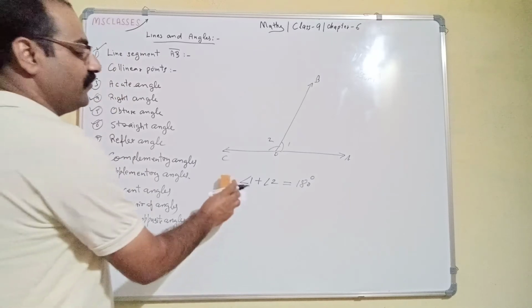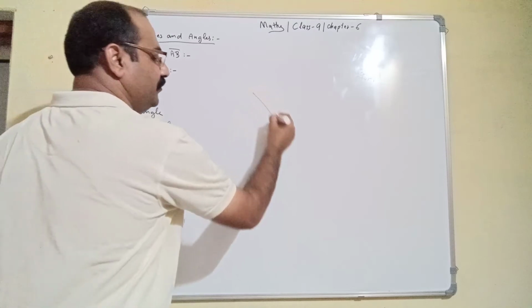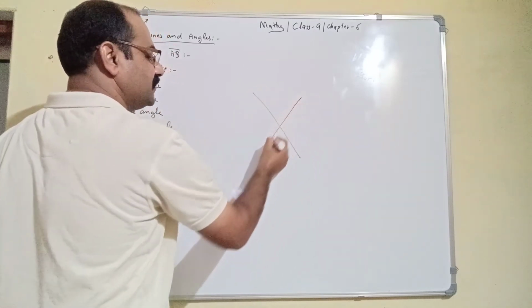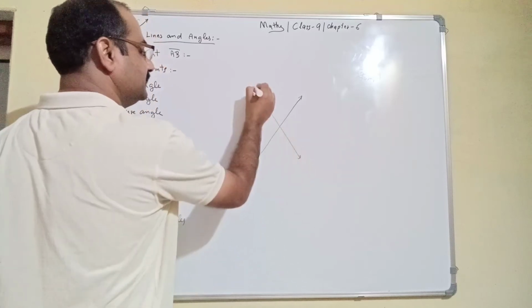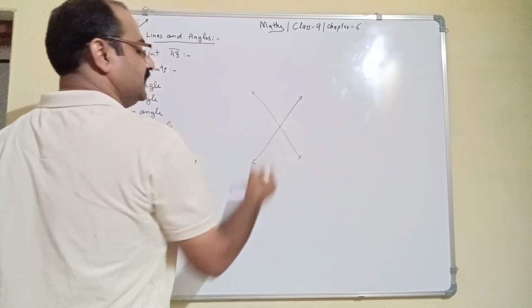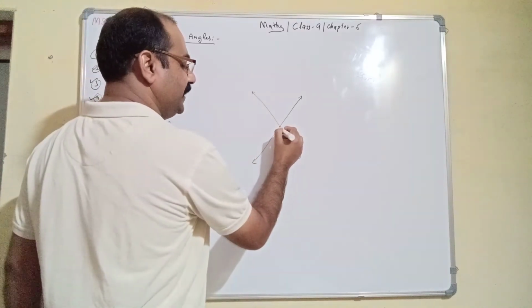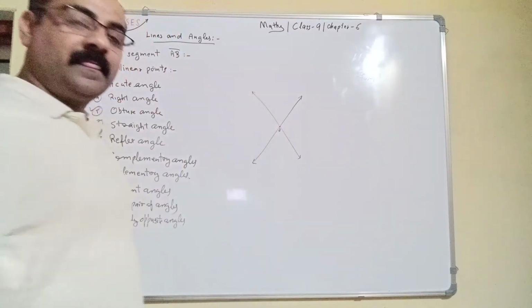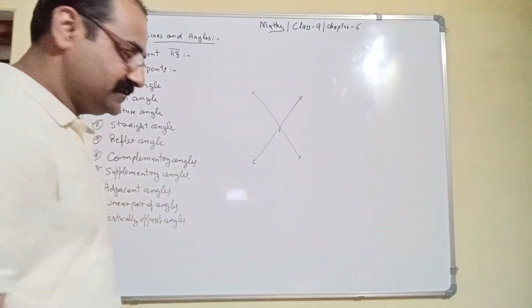After that, vertically opposite angles. When two mutually perpendicular lines or two intersecting line segments, when two lines intersect at point O, then opposite angles are called vertically opposite angles.